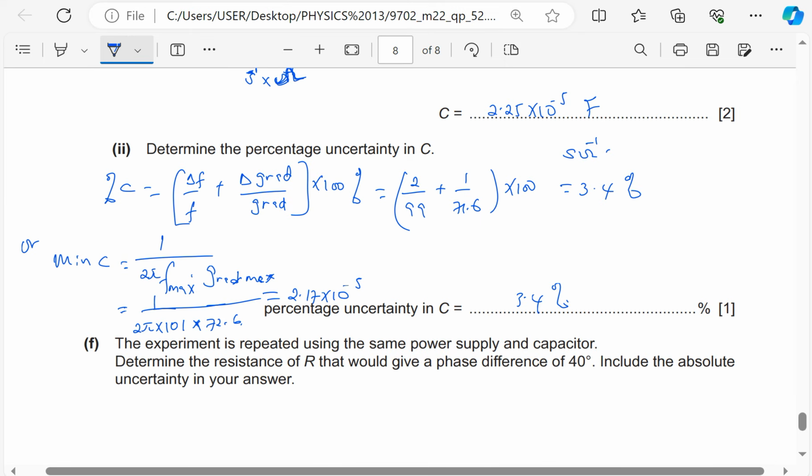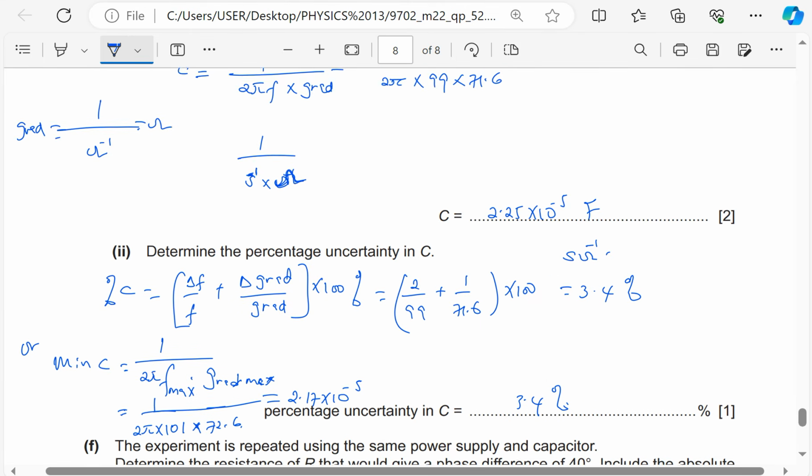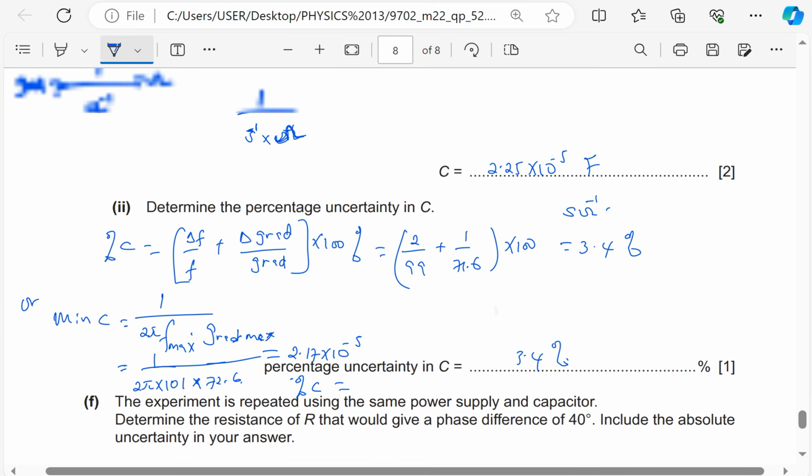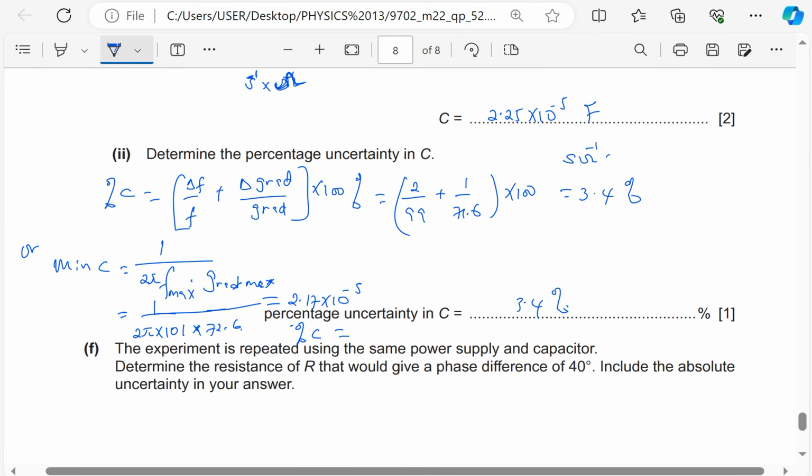So I'll now subtract the exact value of C above and the minimum value of C to get the percentage uncertainty in C, which is going to be the difference between the two, 2.25 minus 2.17, times 10 to the power of minus 5, divided by the true value, which is 2.25, then times 100.